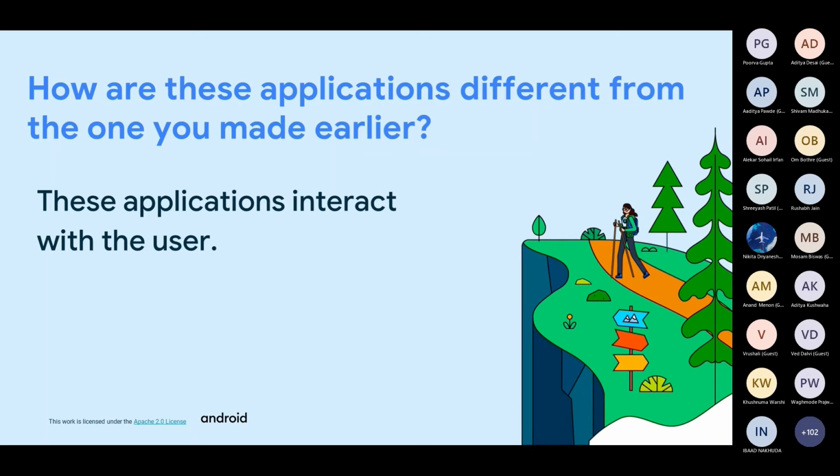But when the application's interaction with the user takes place, one of the most important things is which data you have to store, which data you have to remember, and which data you have to forget, right? Take your example: all of you must have filled a Google form to attend the session.